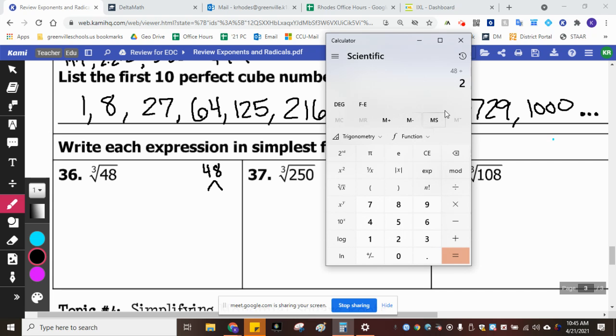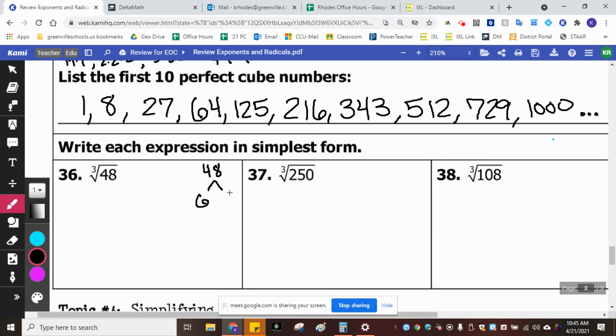So you could always use 2 and 24. But you said 8, so 8 and 6. That works too. Those are not prime. 2 and 3 are. The bigger numbers you choose, the quicker this list gets done. So if I did 2, this list would be really long. 2 and 4, 2 and 2.